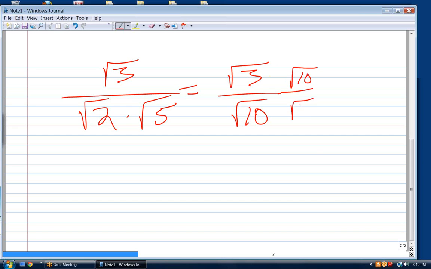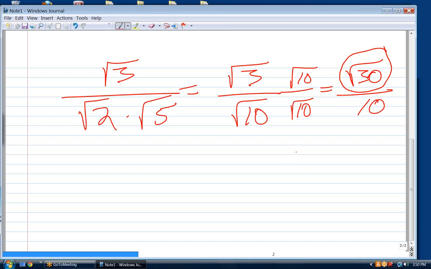Uh-huh. And then you get root 30 over 10, and then you divide that, so you get root 3? No, because this is root 30 over the number 10, not root 30 over root 10. Whether root 30 is simplified or not, let's see if there's anything.